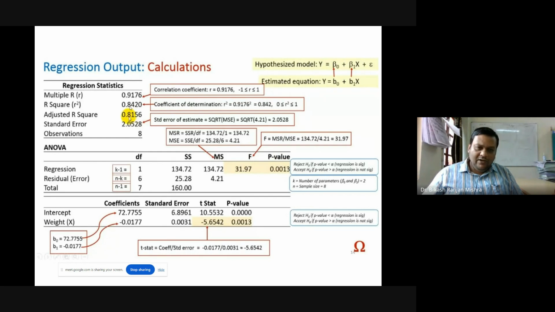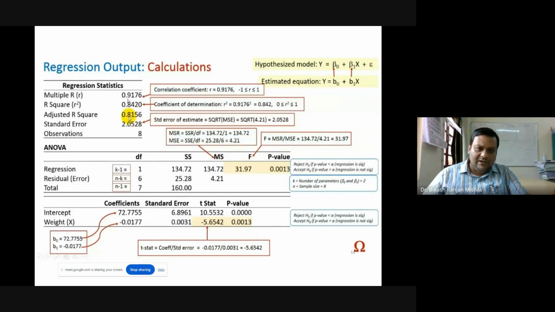The 0.84 will be adjusted with certain degrees of freedom, because of which it comes to around 0.81. If I recall properly, the formula for adjusted R square is R square divided by degrees of freedom, and that's why it comes to 0.84 divided by 0.81. Otherwise, many times there is no difference between R square and adjusted R square.